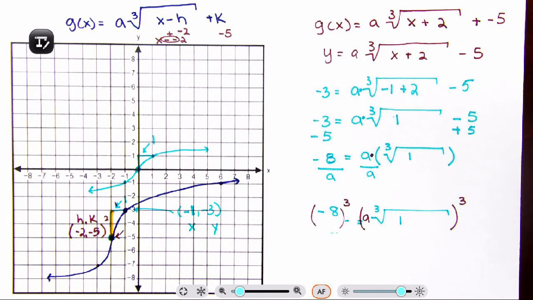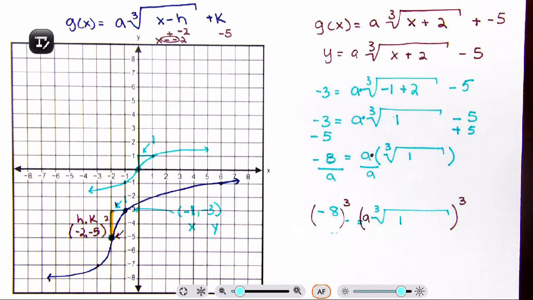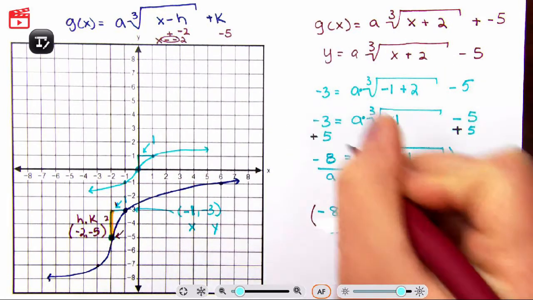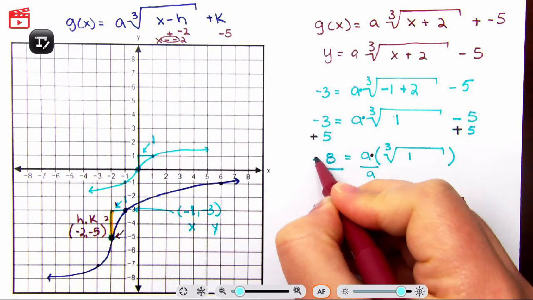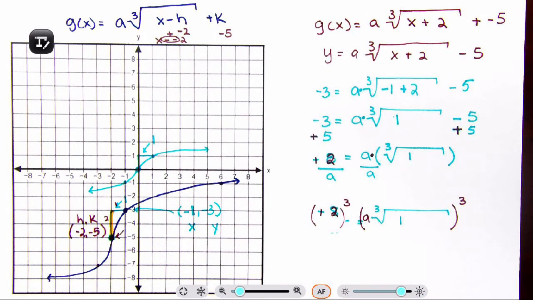Because I'm supposed to get a vertical stretch of 2, and if I cube 8, that is not going to get me 2. I'm noticing I have a plus 5 here, this should be a plus 5, this should be a positive 2. That's where I went wrong. Again, in my head I'm thinking it should give me 2. But if I cube both sides, that would give me an 8, and I definitely don't have a vertical stretch of 8. So let's see what else went wrong.